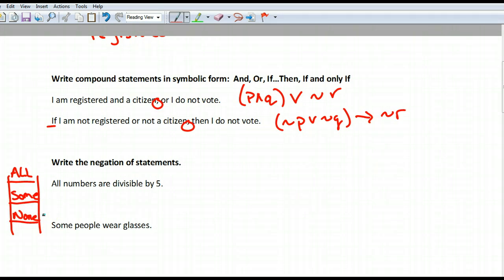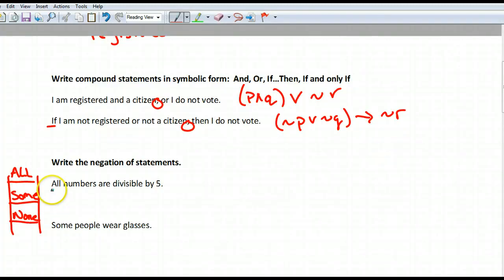So, in order to negate an all, can I go all the way down to none? No, I'd fall off the ladder. So we want to go down to some. If I want to negate a none, where would I go? To some. If I want to negate a some, where would I go? All or none.